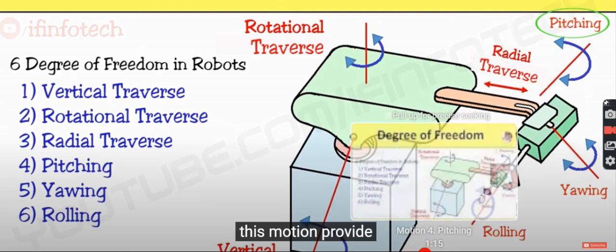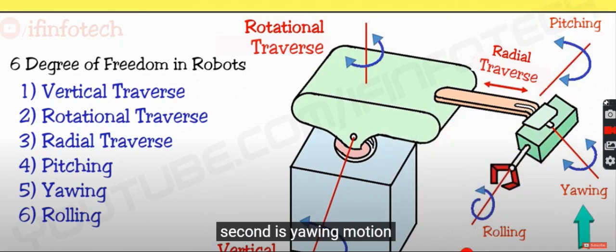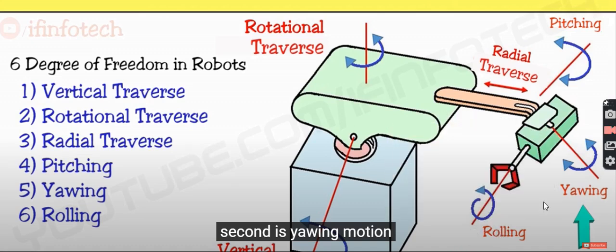Not only the type of robot, there are different parameters based on the type of system, like hydraulic system or pneumatic system, what type of actuators you are going to use, and what type of sensors you are going to use. All those things are defined clearly. Here you can also see rolling is present in one direction, yawing is present in one direction, and pitching is present in another direction.